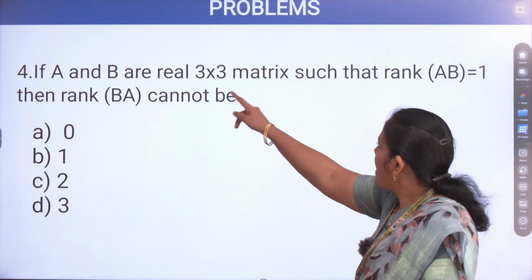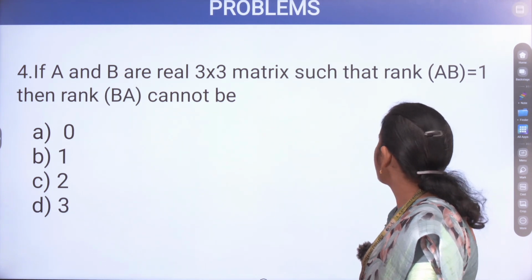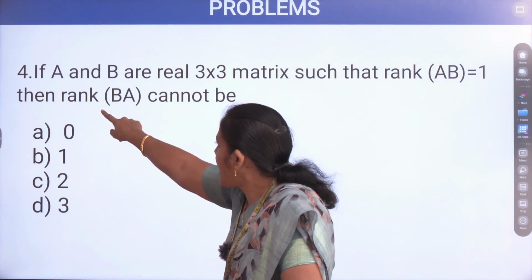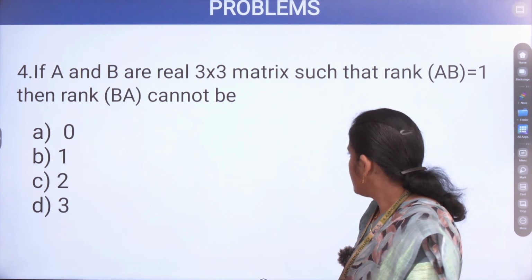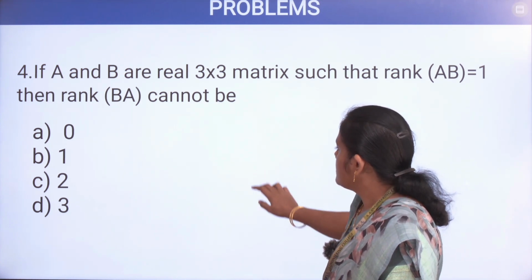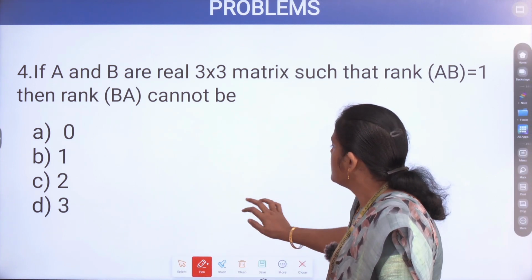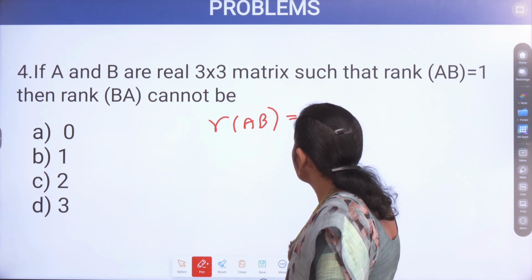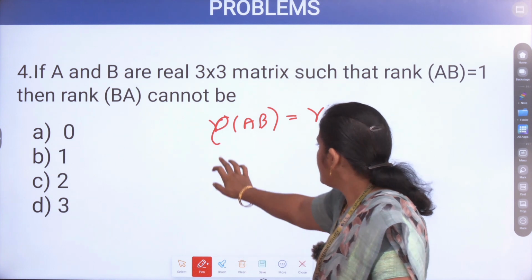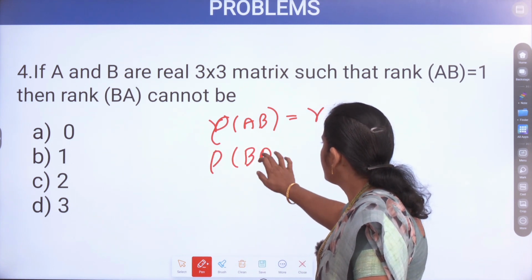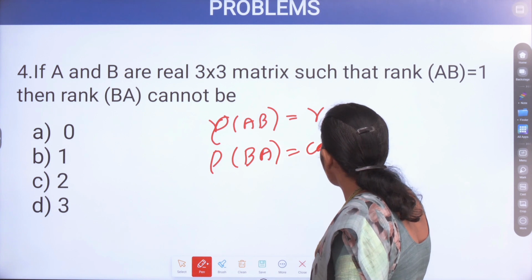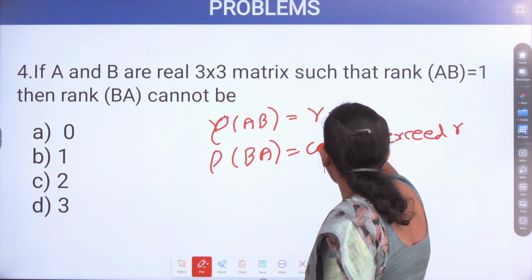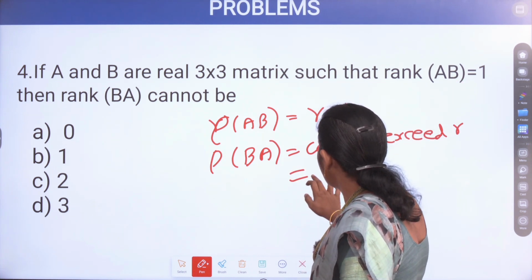See that if A and B are 3 cross 3 real matrices such that the rank of AB equal to 1, the question is, rank of BA cannot be what. If the rank of AB is equal to R, the rank of BA cannot exceed R. So the rank of AB is 1, so this cannot exceed 1.